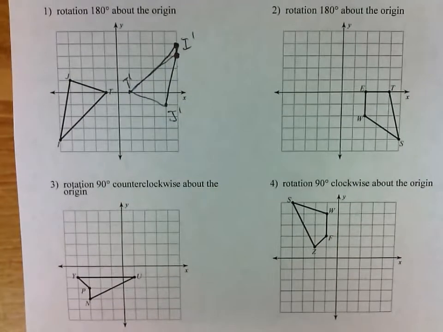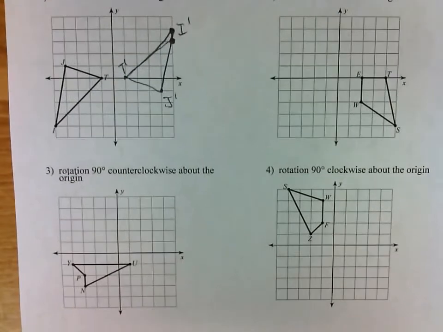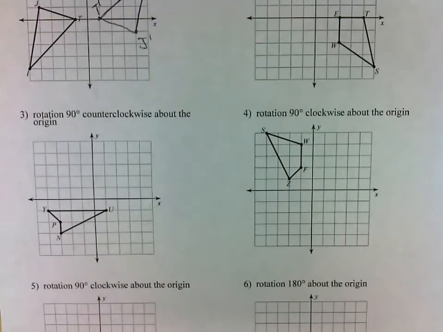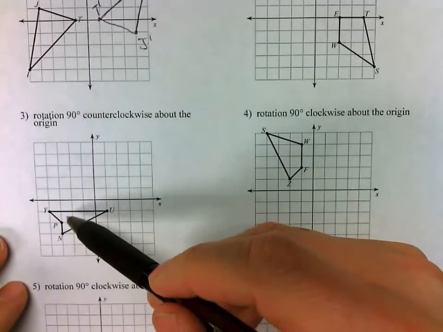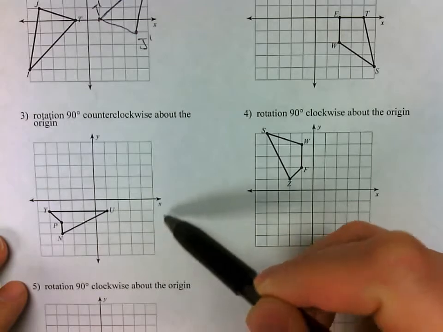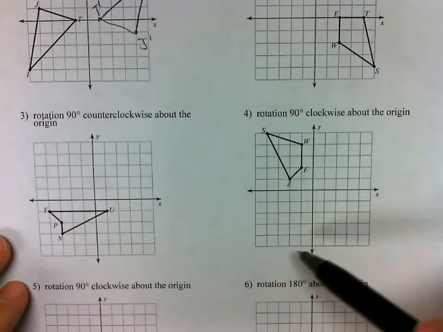We don't have to say clockwise or counterclockwise if it's 180 degrees because it doesn't matter. Clockwise or counterclockwise, 180 degrees gets you in the same place. Clockwise or counterclockwise, though, you just turn the same way a clock does. So if it's counterclockwise, what that means is that this shape is going to twist this way. Spinning this way. Clockwise, spinning this way.